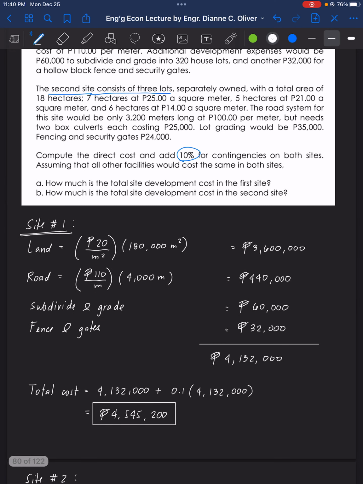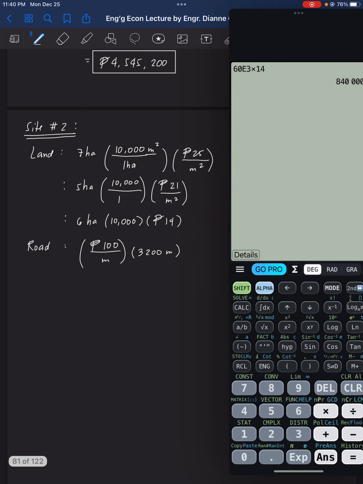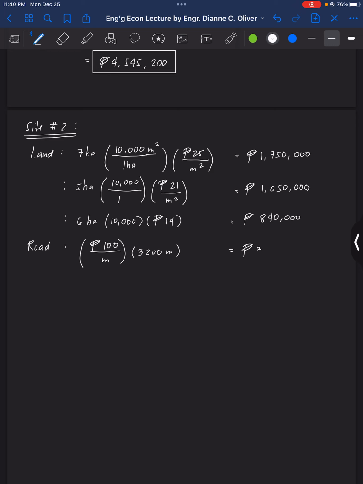Next, we will compute the road system. The road system is 3,200 meters long at 100 pesos per meter. So the price is 100 per linear meter and that is 3,200 meters long. So that is 320,000.